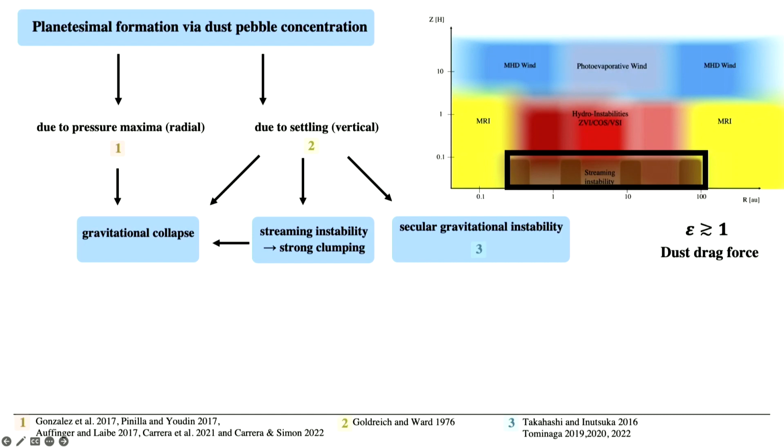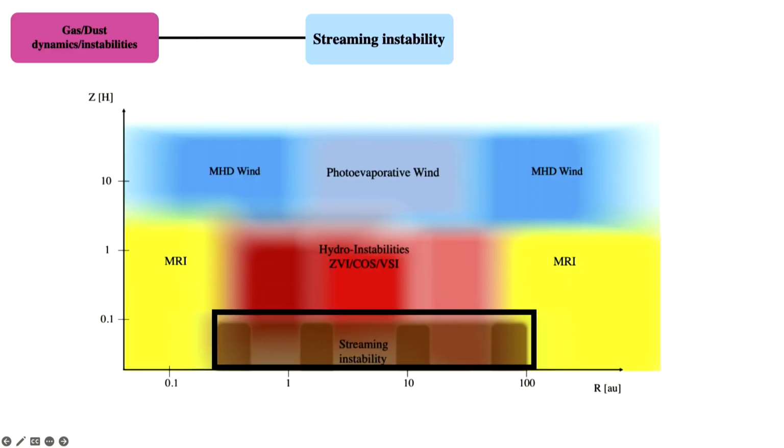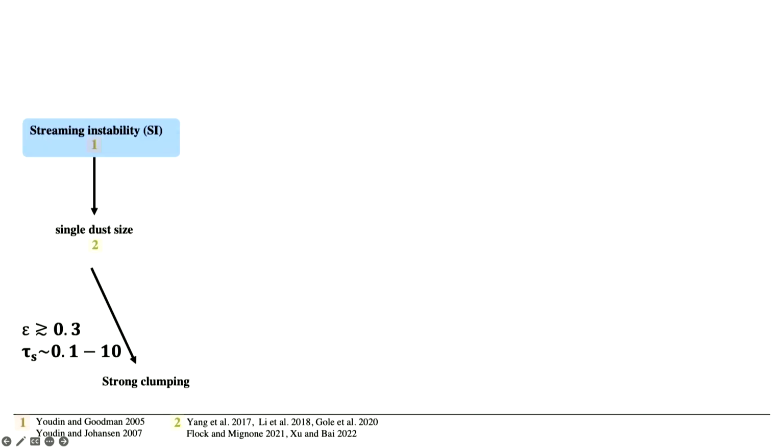What has been a famous pathway in the last 15 years is the streaming instability. First you have to concentrate your grains to a certain level, and then the streaming instability kicks in, and with further strong clumping, you can also form planetesimals. So this is the part where I will focus on: the streaming instability. We have known this for a couple of years now.